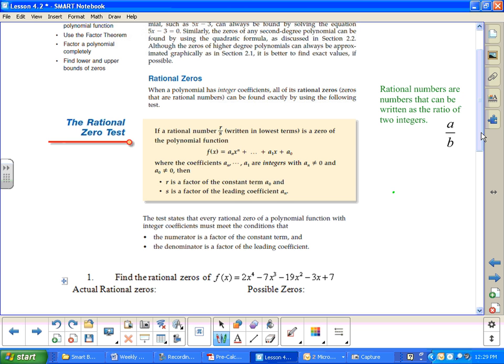If you take the leading coefficient and the constant term and you divide them, those are where you're going to get possible rational zeros.